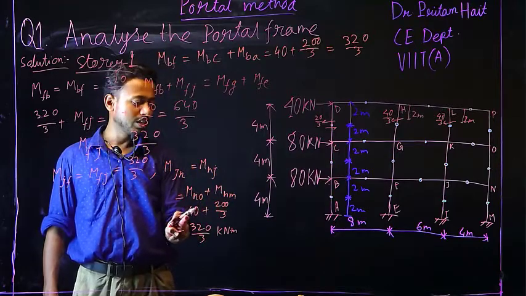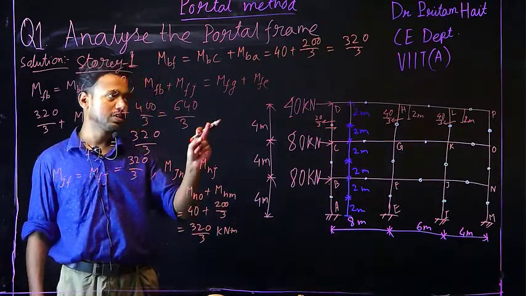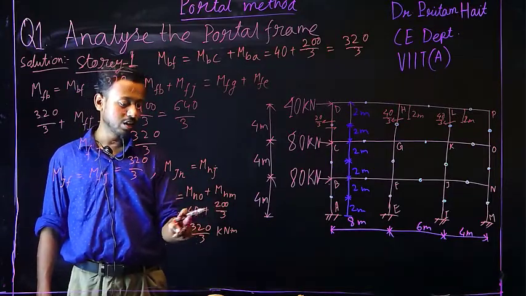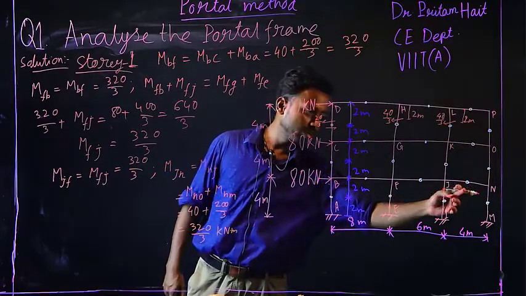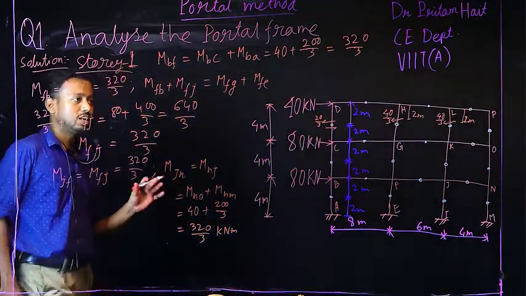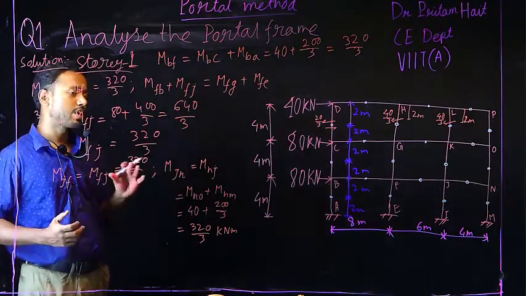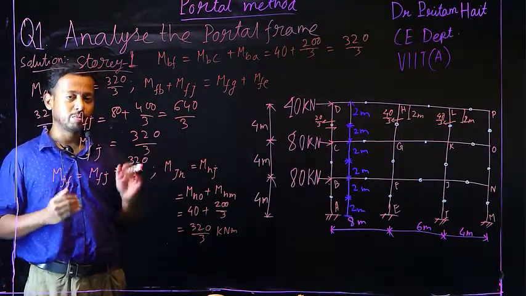MNO we know is 40, MNM we know is 200 by 3, which we calculated in the earlier slide. So total is 320 by 3. So MJN or MNJ, whatever you call it, equals 320 by 3. So this is the beam. In this way we can calculate the beam moment and column moment of the particular building.